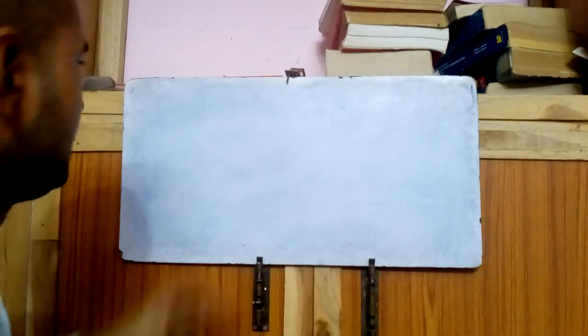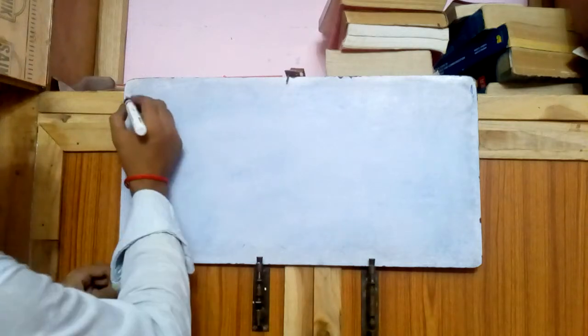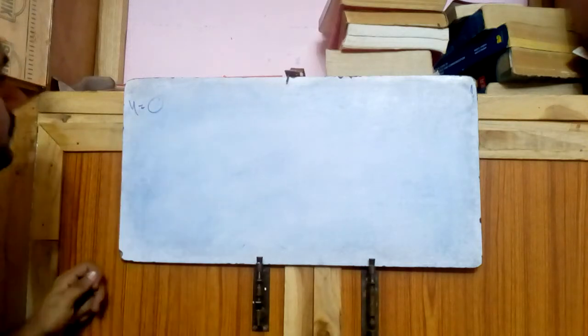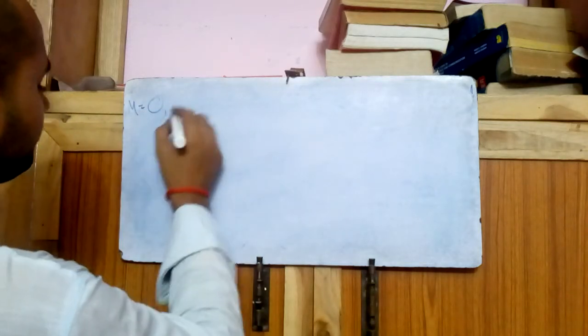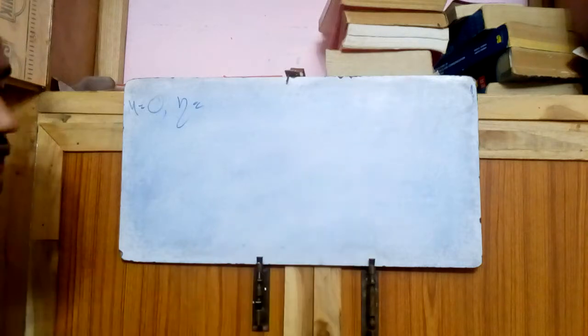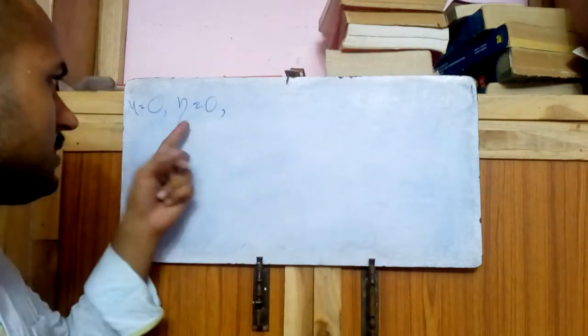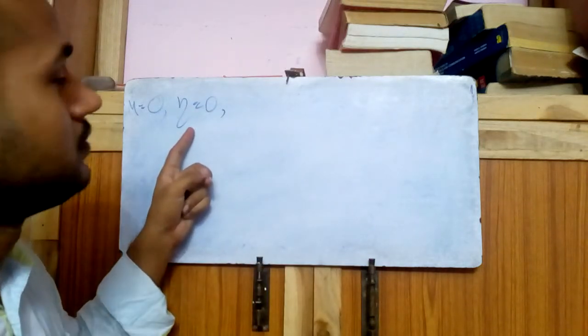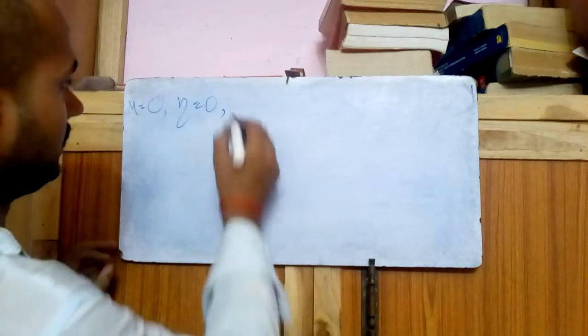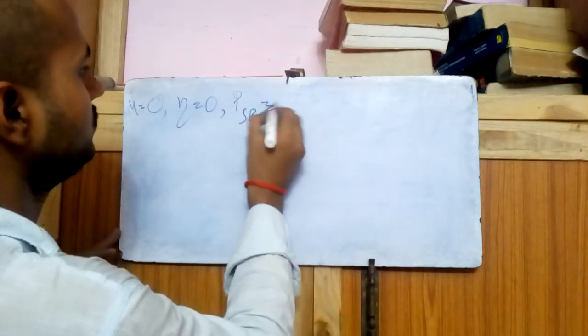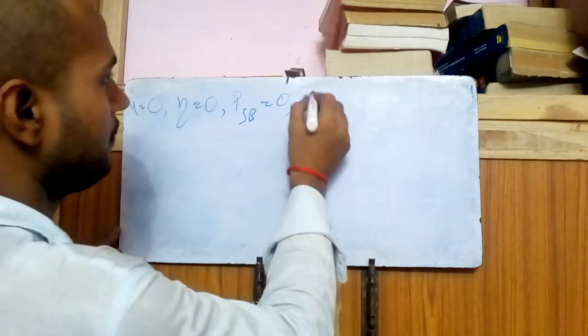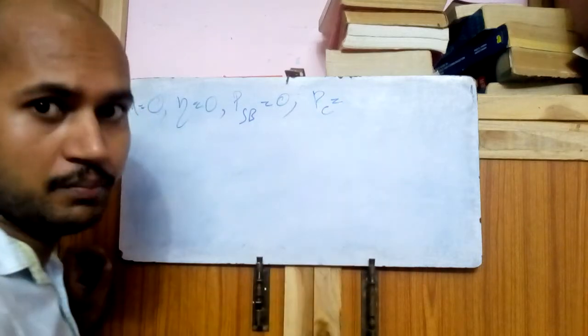Here again some analysis. For mu equal to 0, eta is equal to mu square by 2 plus mu square, which is 0. Eta says the share of sideband power. So Psb is equal to 0, and Pc is the complete Pt.